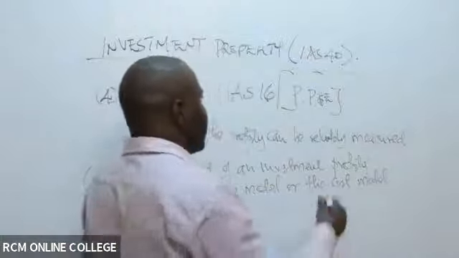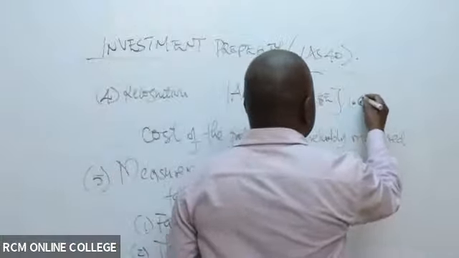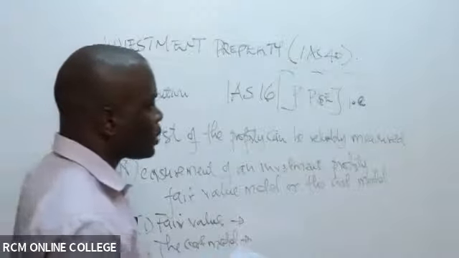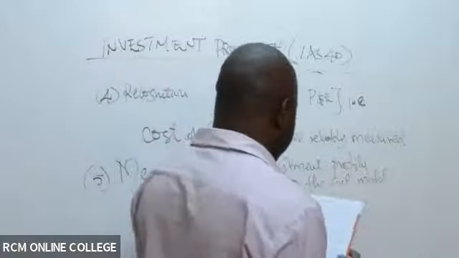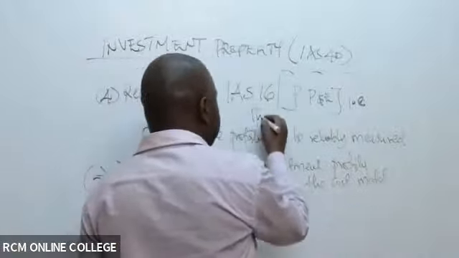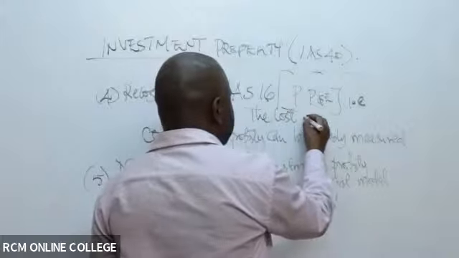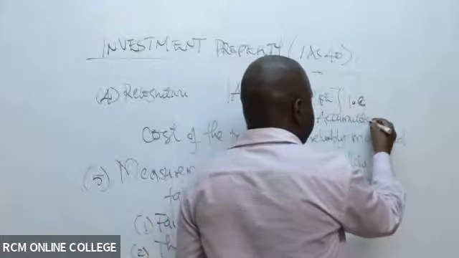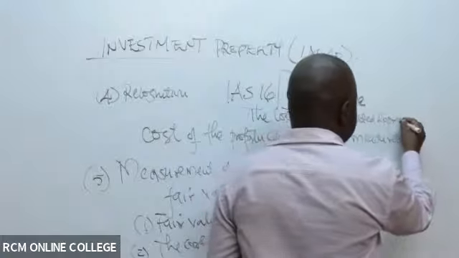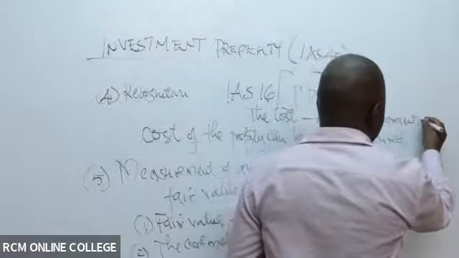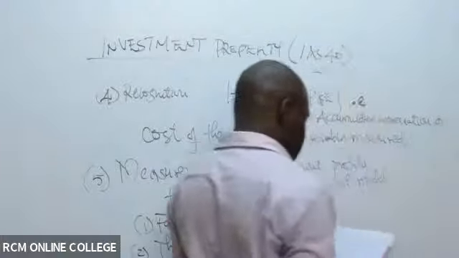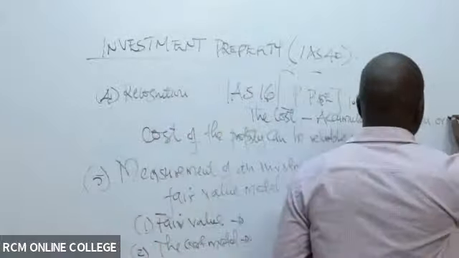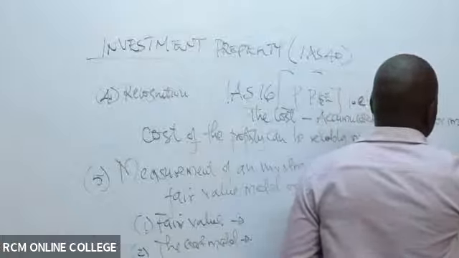What do you mean by this, i.e., the cost less accumulated depreciation, i.e. the cost of these assets, less accumulated depreciation, or impairment loss.